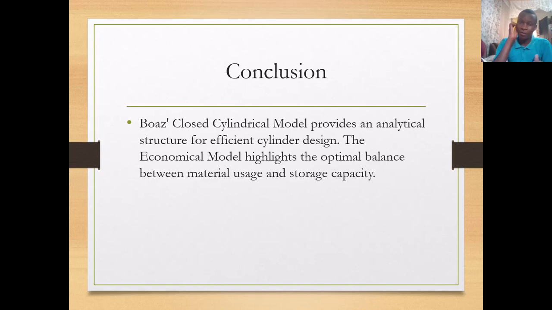The conclusion of this model: as you can see, it's very simple to use and very easy to understand. This closed system model provides an analytical structure for efficient cylindrical designs. The economical model highlights the optimal balance between material usage and storage capacity. So those are the practical applications of this model.